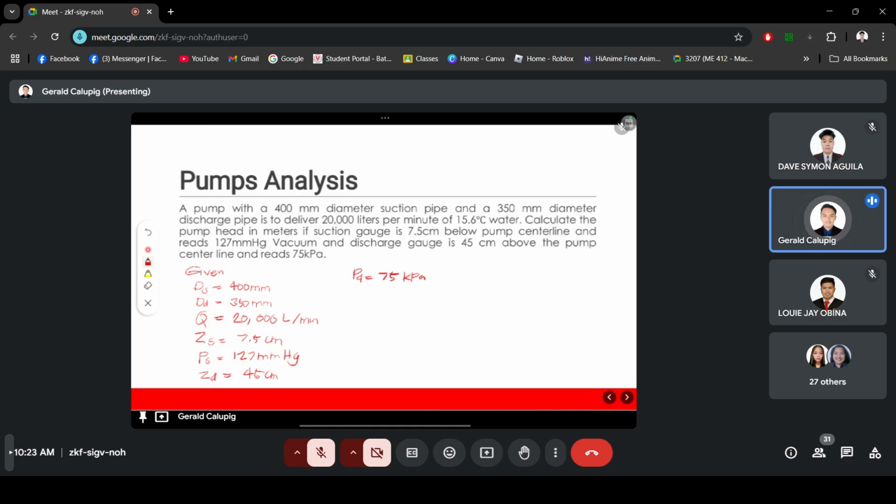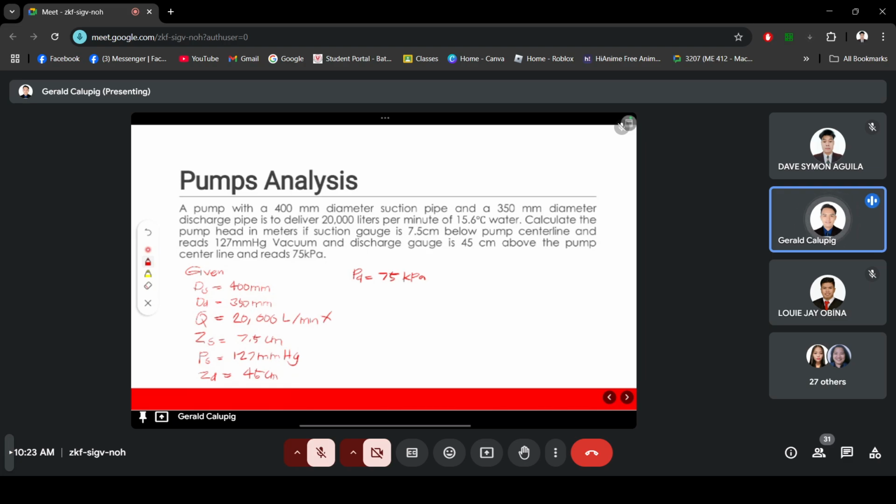First, we need to have our velocity, but we can convert our volumetric flow rate to what? Meter cube per second.